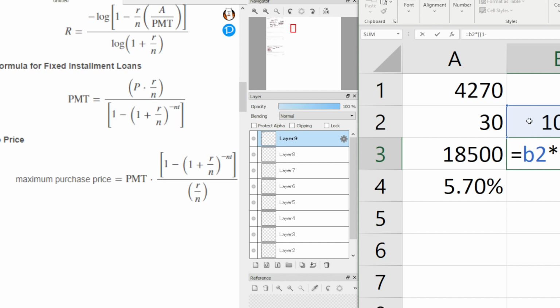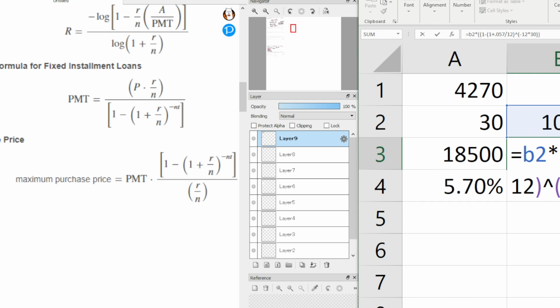So 1 minus, and then parentheses, 1 plus r over n, where our r is 0.057, divided by our n, which is monthly, and then we close that parentheses, and open an exponent with the up caret, open another parentheses, negative n, which is 12, times t, which is 30, and then close that parentheses, and close that parentheses.